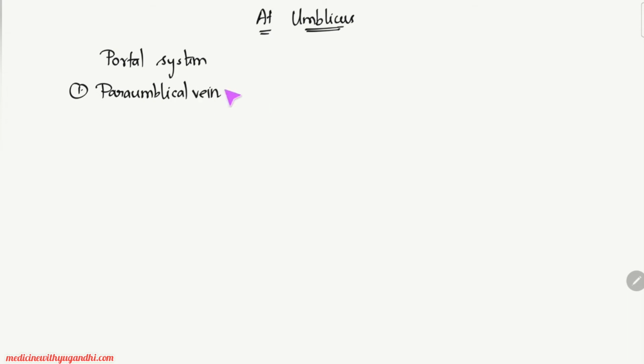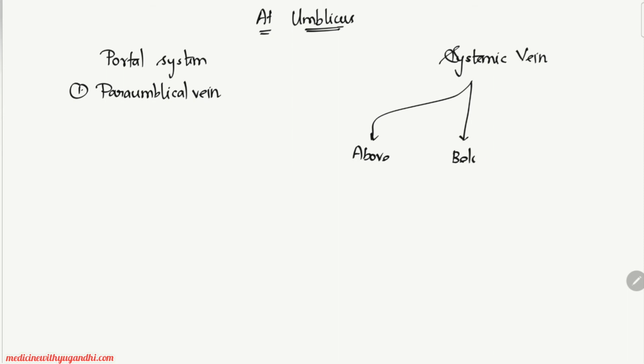Coming to the systemic veins, they are categorized into three. One is above the umbilicus, the other is below the umbilicus, and the third is on either side of the umbilicus.